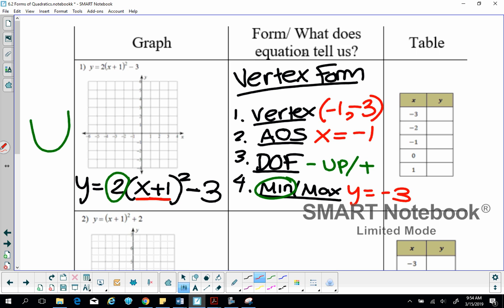What do you end up getting, Kimberly? Can you just read it down to me? 5, -1, -3, -1. Beautiful. Did everyone get that when they typed it in their calculator?